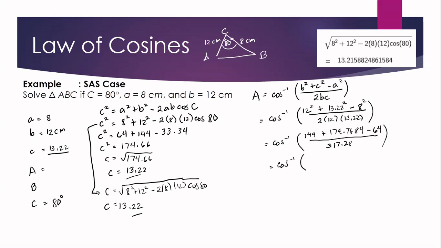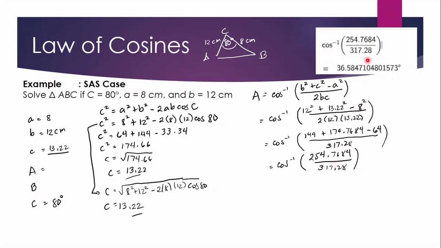You are going to simplify yung ating nasa numerator. 144 plus 174.7684 minus 64. The answer is 254.7684 divided by 317.28. Pwede nyo kunin yung value nito. You can get the value of this and then cosine inverse. Or pwede naman, ito na mismo yung pindutin nyo sa calculator.